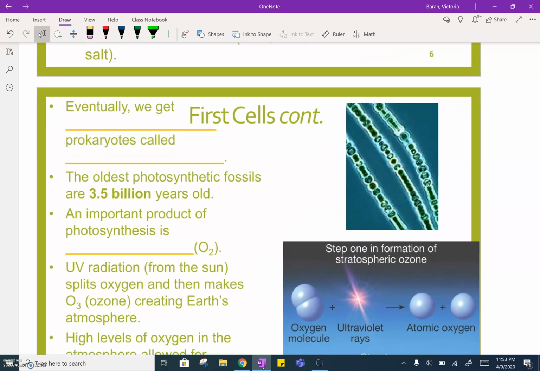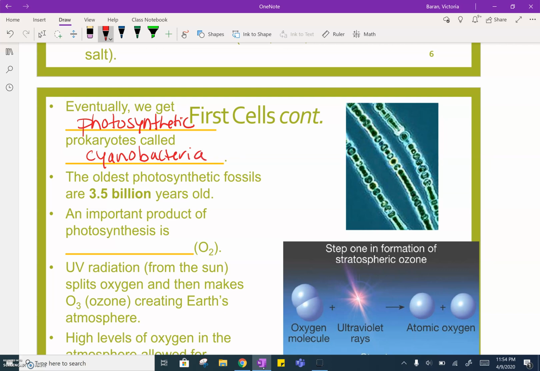Eventually, though, we are going to get photosynthetic prokaryotes. So these cells can now do photosynthesis. They're using the sunlight's energy to make their own food and energy. So these prokaryotes were specifically called cyanobacteria.